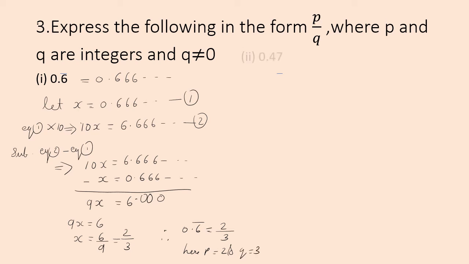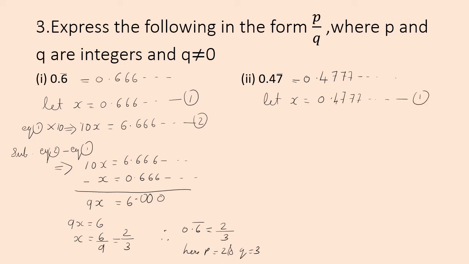Now moving to question number 2, that is 0.4 bar 7. This you can write as 0.4, with 7 repeating, only 7 is repeating, etc. Now you have to take it the same as the previous sum: x equal to 0.477, etc. Number it as equation number 1.